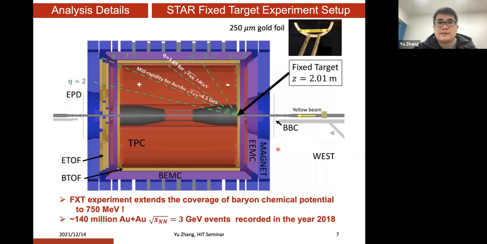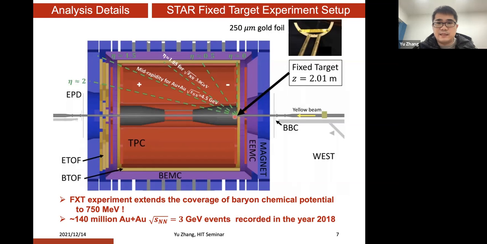Then the next slide is the setup of the STAR fixed-target experiment. This is a profile of the whole detector. This region is the TPC detector, and the gold target is a gold foil about 25 micrometers thick.